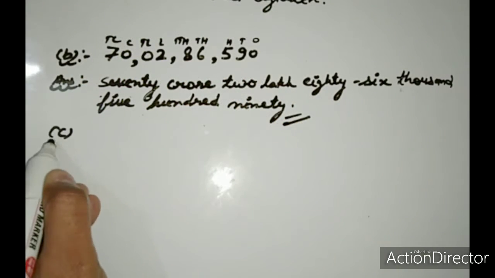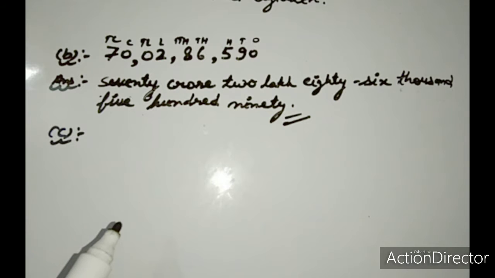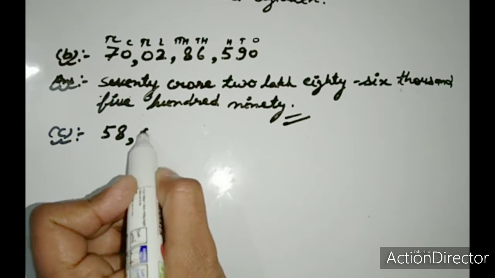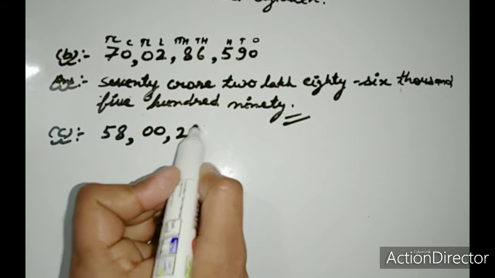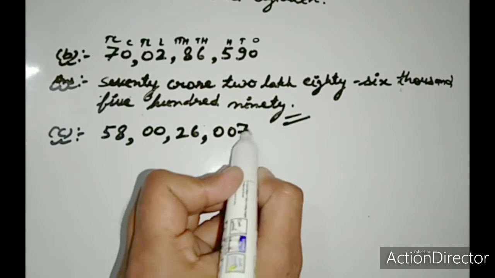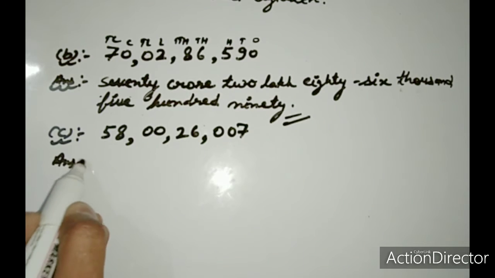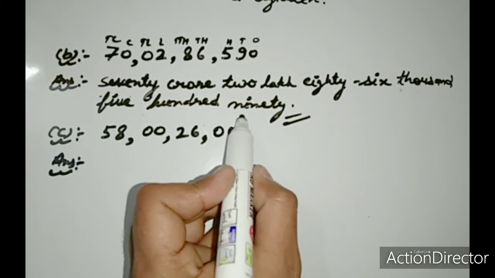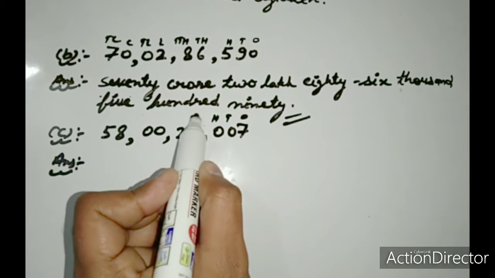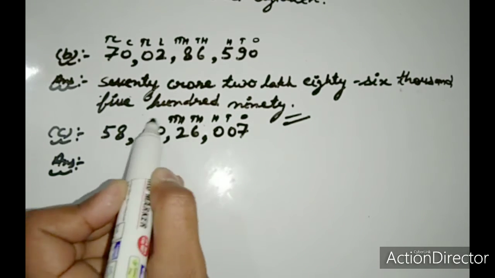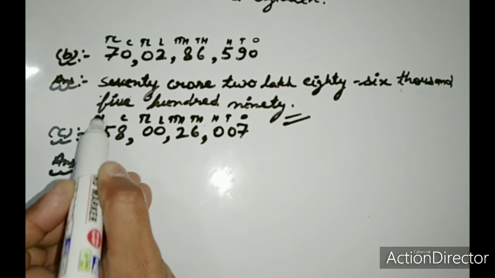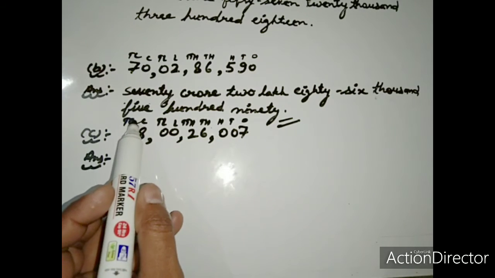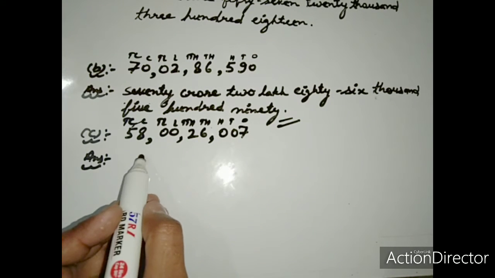Now here we solve one more part of this question: 58,00,26,007. We write the places of these numbers first: ones, tens, hundred, thousand, 10,000, lakh, 10 lakh, crore, 10 crore. We read the first crore period, 58 crore.